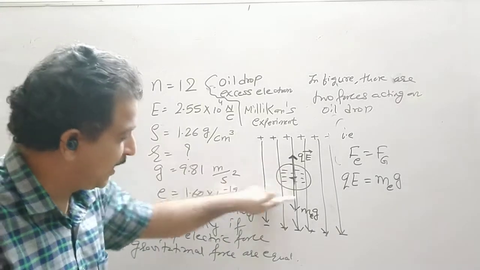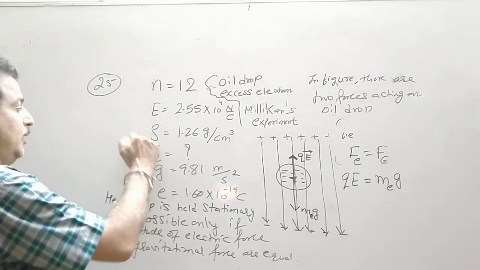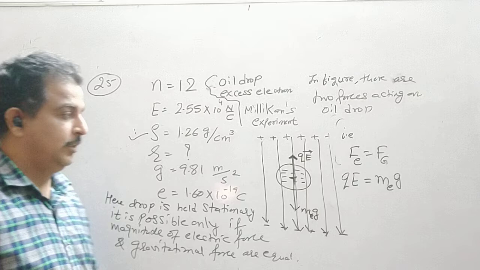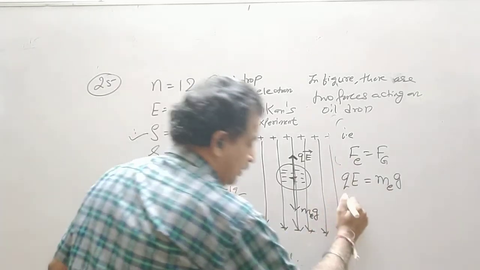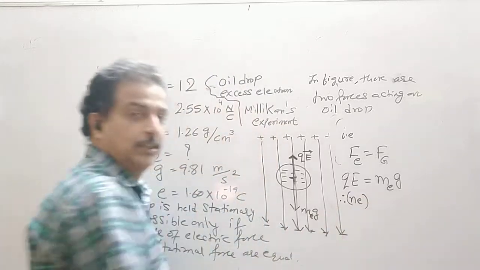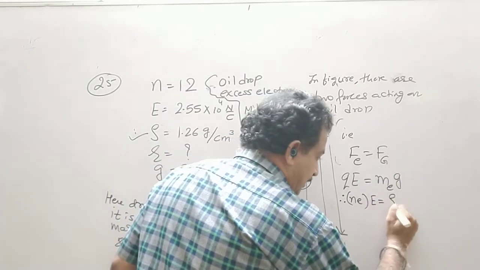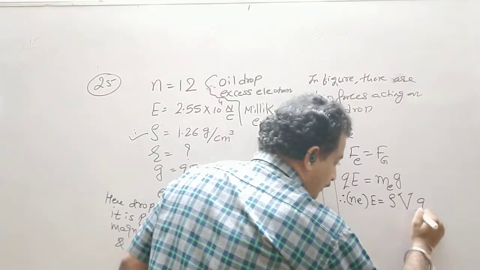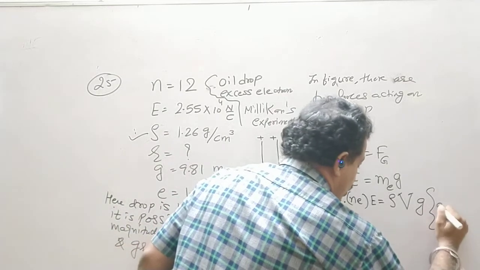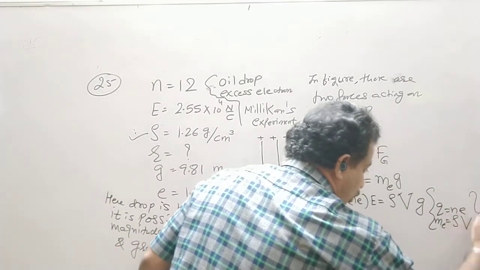Since the drop is spherical, mass can be written in terms of volume and density, because the density is given. So I have to find out r. Therefore, in the place of q, I write Ne, so NeE is equal to mass, which can be written as density into volume into g.